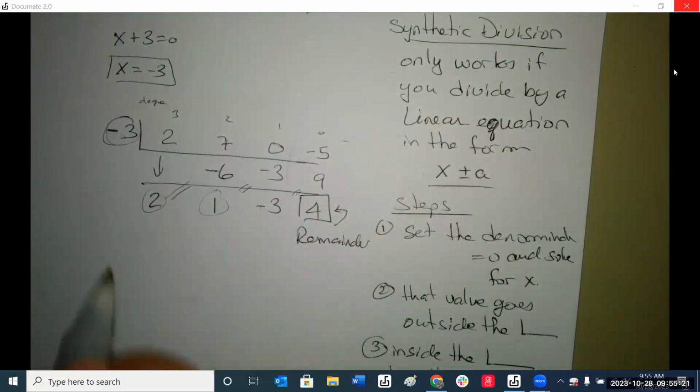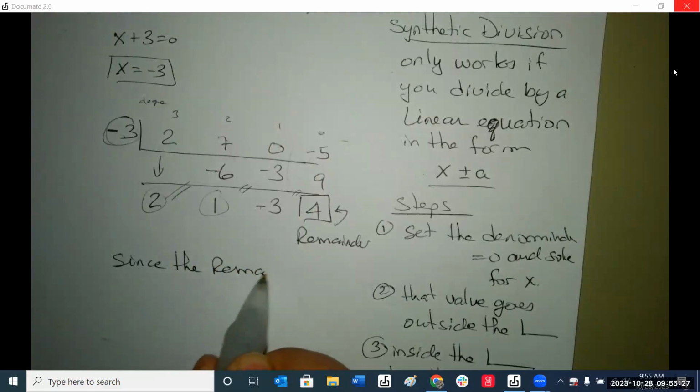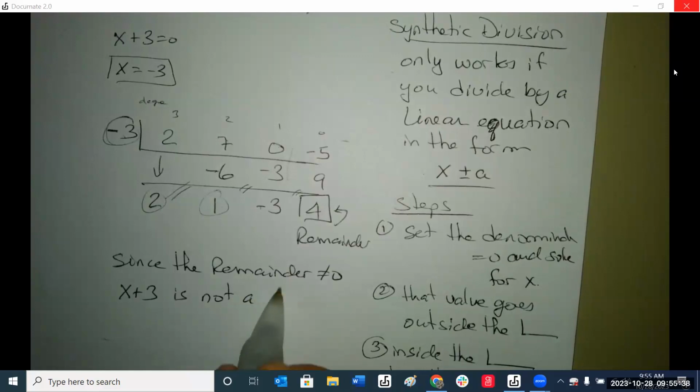Since it's not 0, x plus 3 is not a factor of 2x cubed plus 7x squared minus 5.